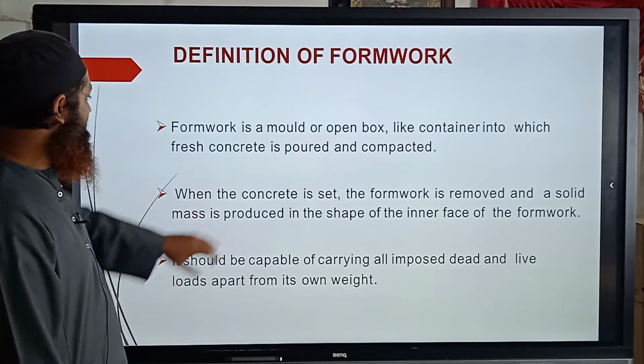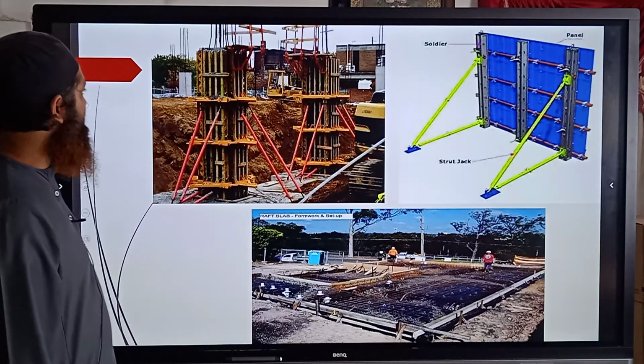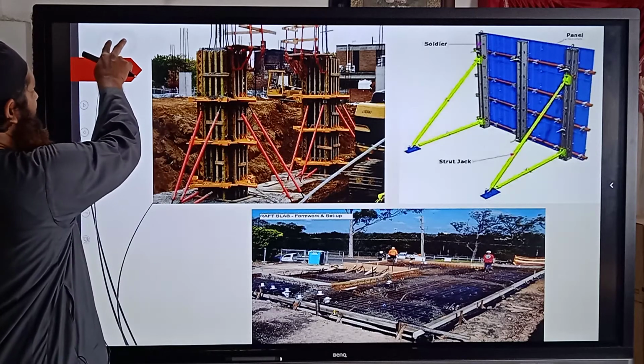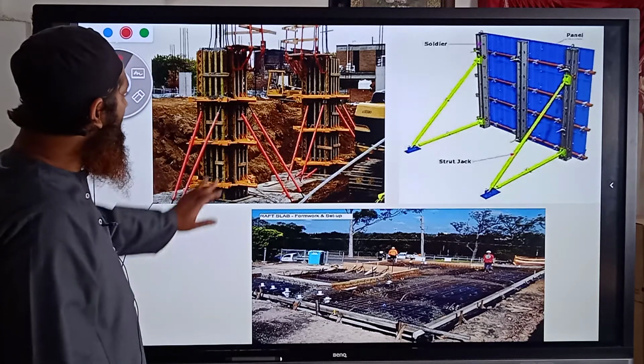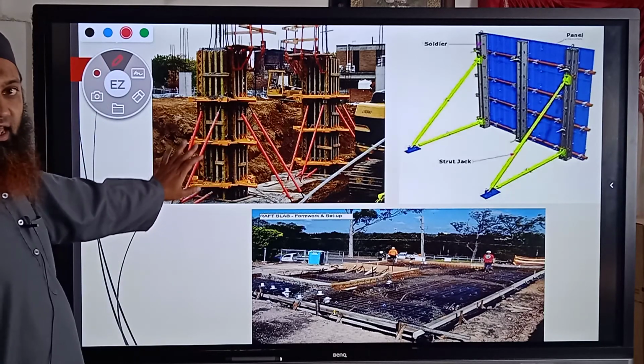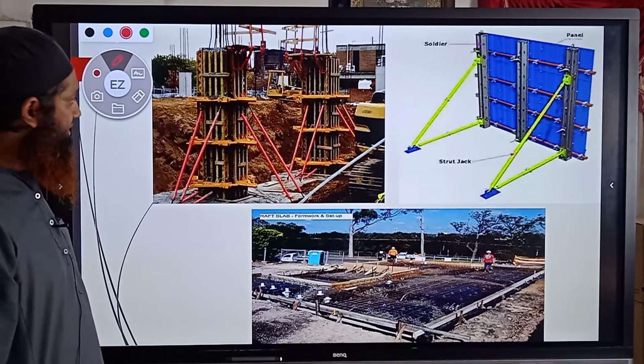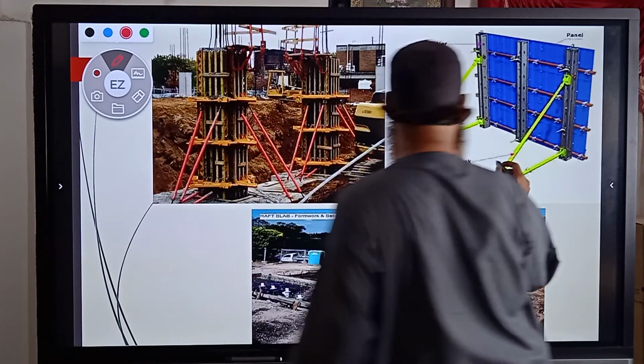Let us see the next slide. You can see here different types of formwork. You can see how the formwork has been erected here. This is the strut jack.